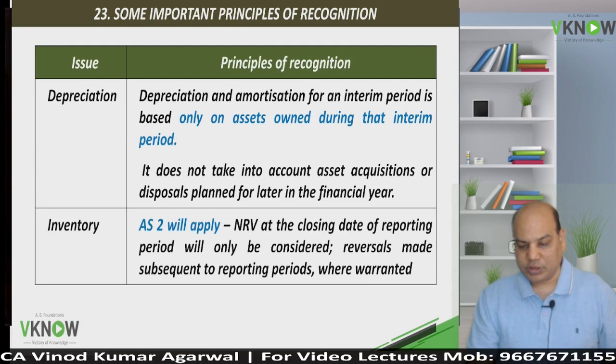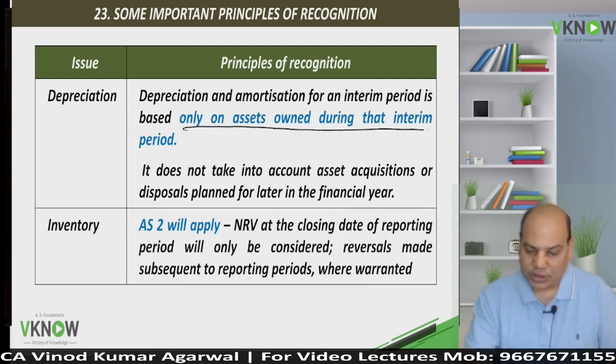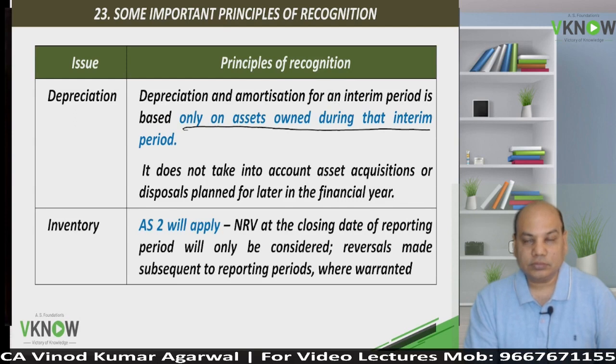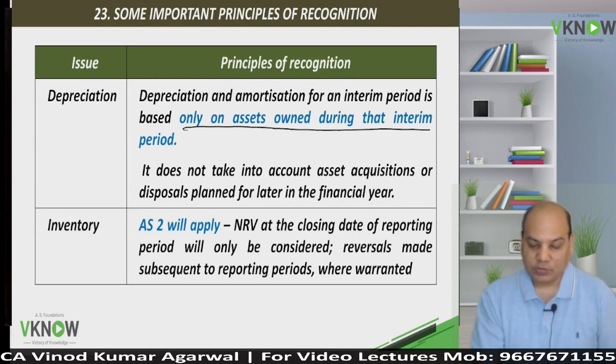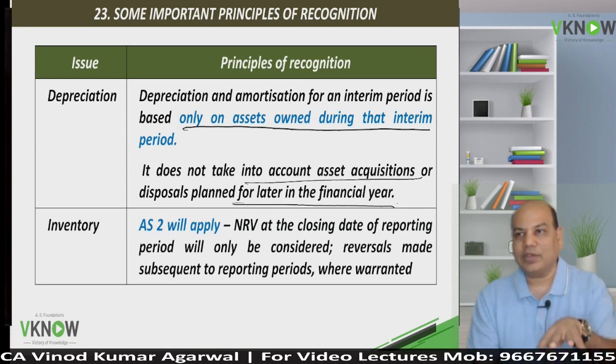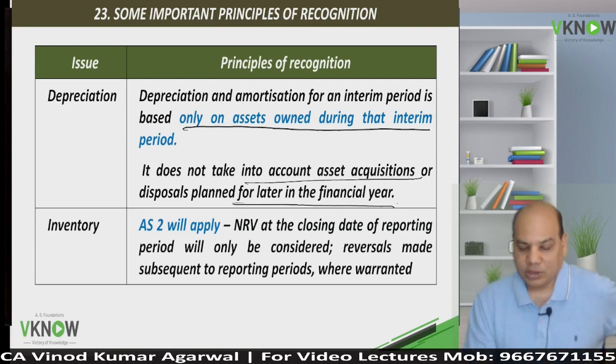Next point is depreciation. Depreciation will be provided only on those assets which exist in the interim period. Depreciation will not be provided on those assets which will be purchased at a future date. Very simple. Existing assets will only be depreciated. Assets which are going to be purchased in future will not be depreciated before they are purchased.